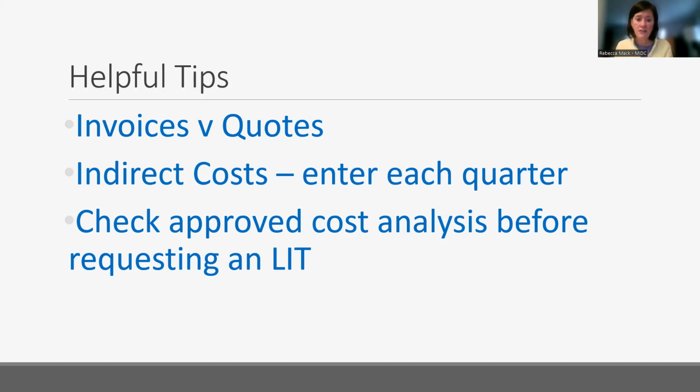It's a work in progress of your FSR, and then either go into the system and ask for a line item transfer, or if you need assistance, you can always work with your regional manager who will help you walk through that process.